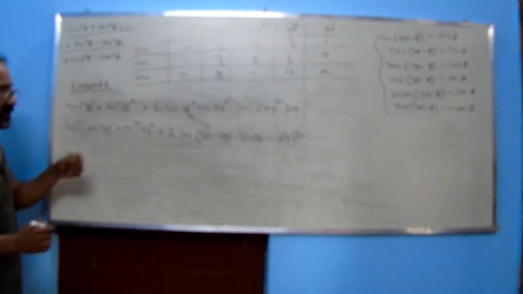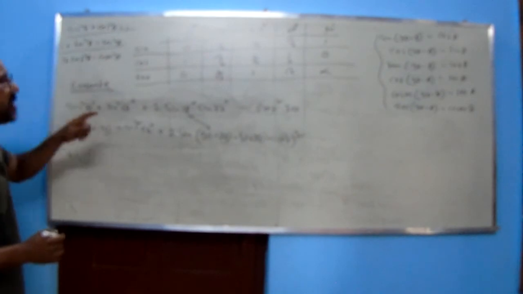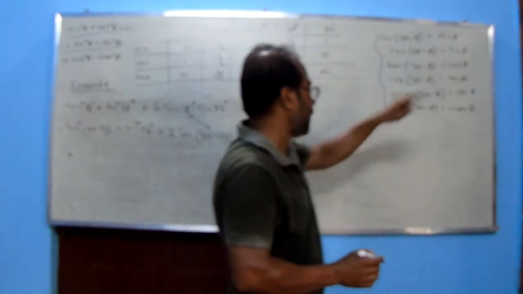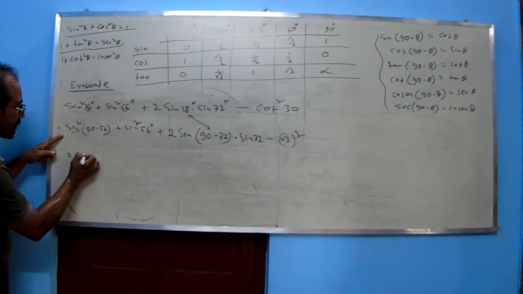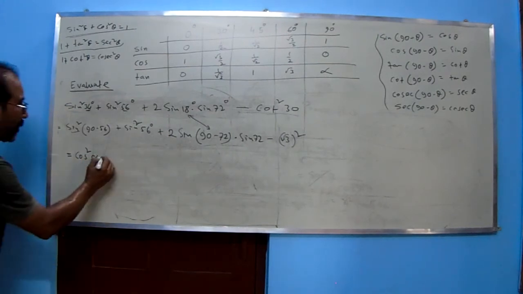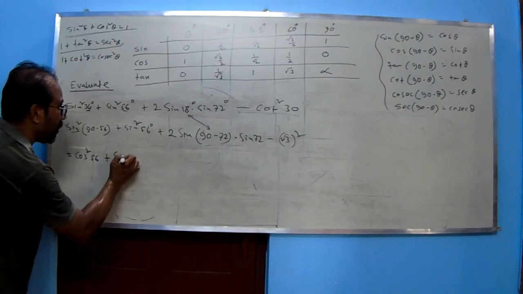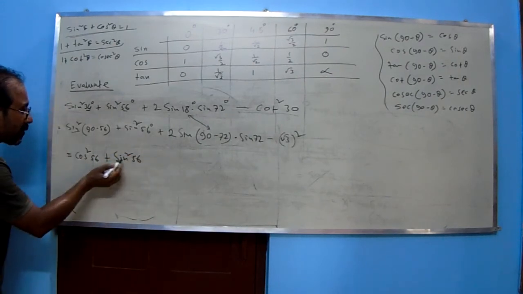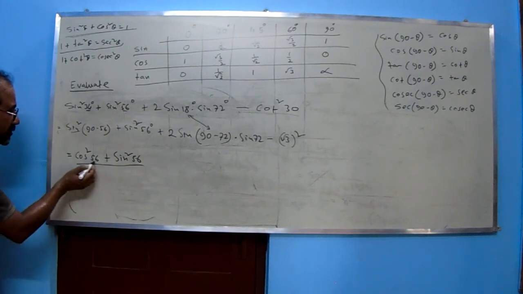Sine 90 minus theta, what should I write? Cos theta. So sine 90 minus theta means I must write cos square 56 plus sine square 56. Cos square theta plus sine square theta equal to 1, where theta here is 56.